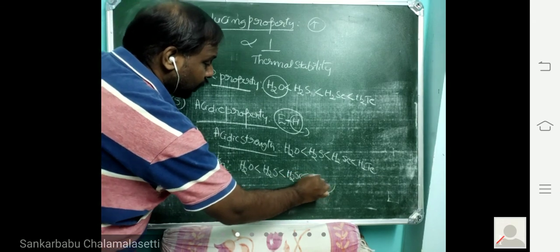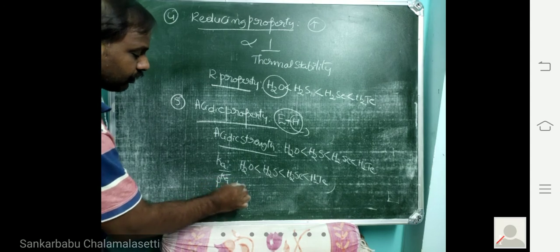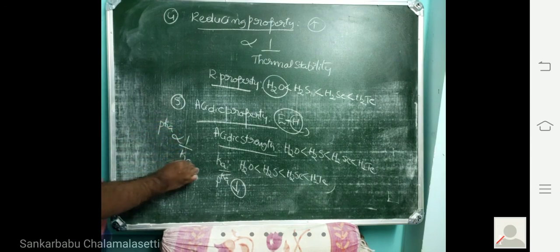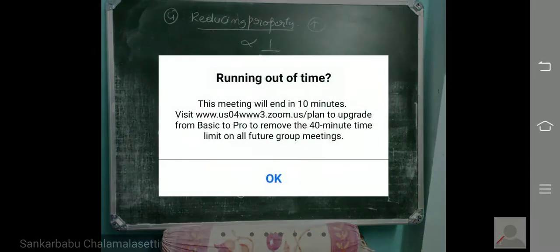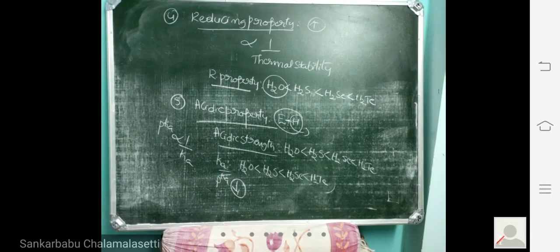At the same time, pKa decreases, because pKa is inversely proportional to Ka. So in these hydrides, from top to bottom, acidic nature increases, Ka value increases, and pKa value decreases.